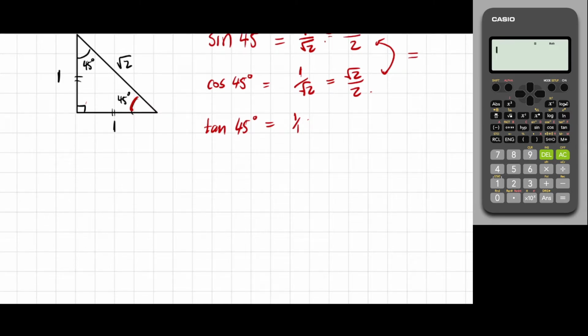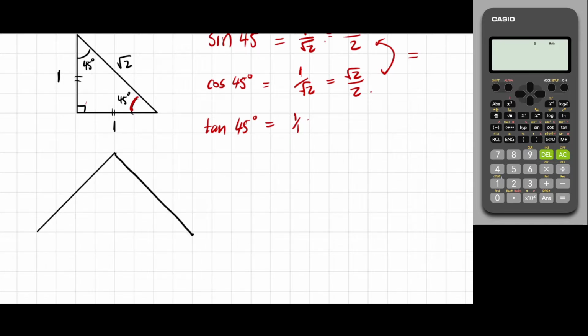Now, as I said, there were 3 values that we know how to do this for. And the triangle for the second one's a little bit different. Okay? So the way that we get this second triangle is let's start off with an equilateral triangle.